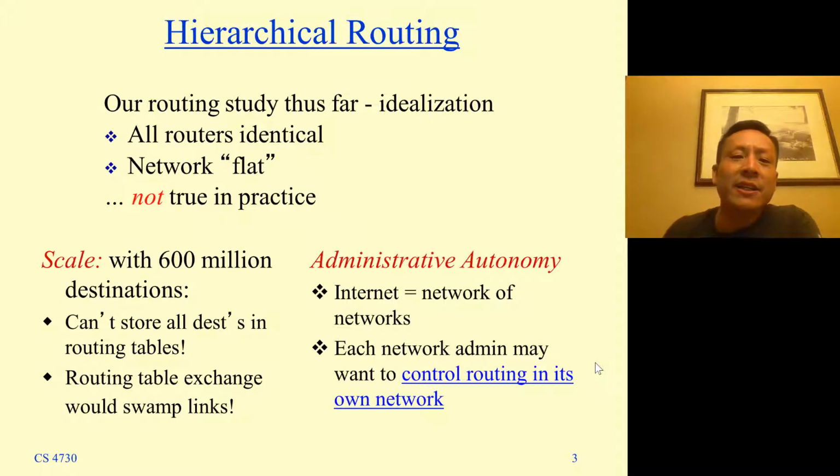So the idea is quite straightforward. Regarding addressing these kinds of scalability issues, the idea is we can do hierarchical routing. In other words, we can divide the network into individual functional units, which we call autonomous systems, or administrative domains.